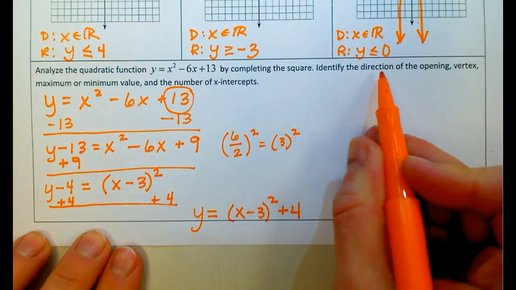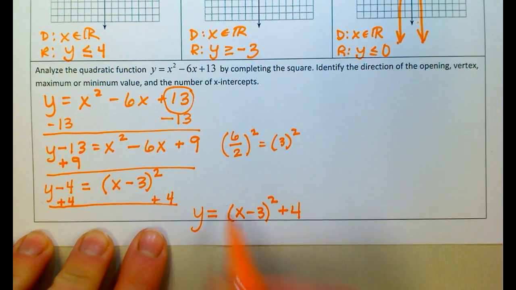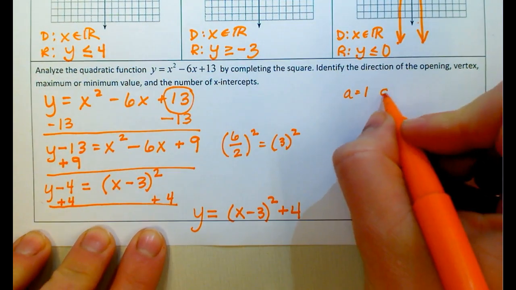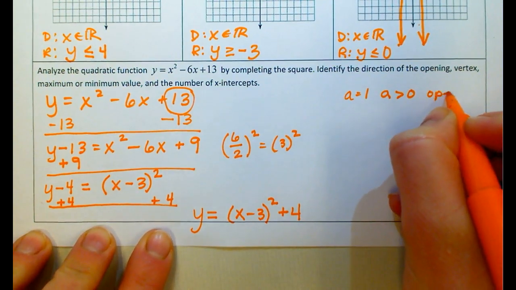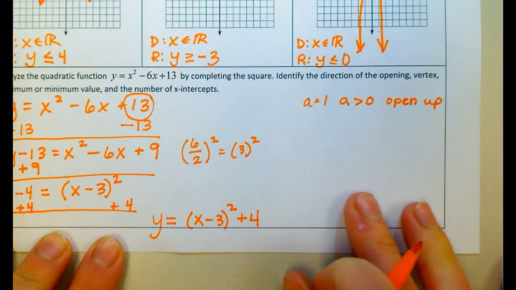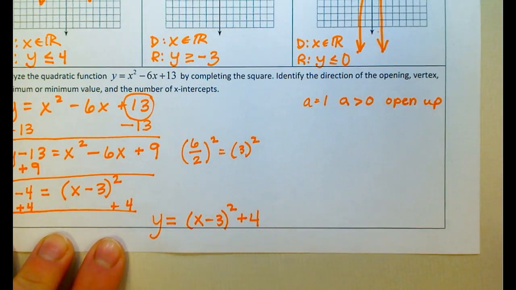So first, the direction of the opening. Well, if I look at here, my a term equals positive 1. So if a is greater than 0, that means my graph is going to open up. My vertex, well, I can pick out my vertex from this.